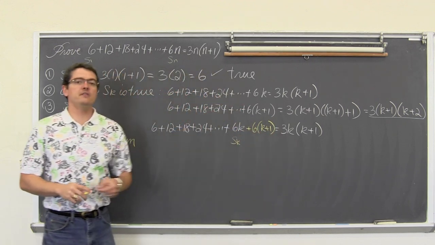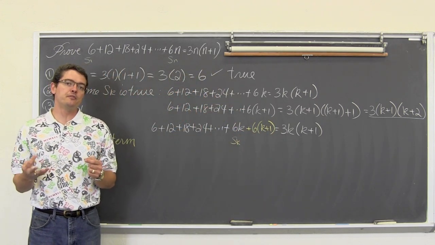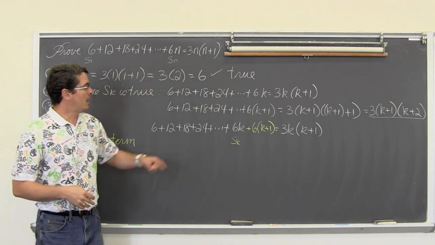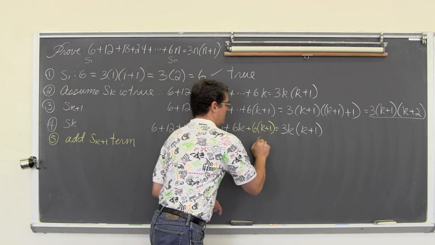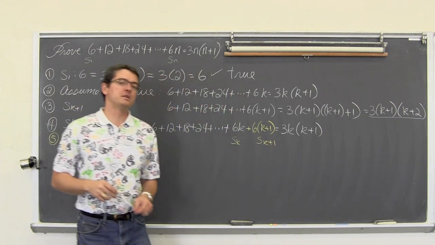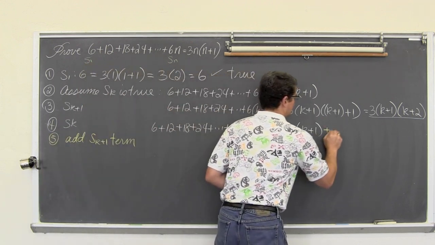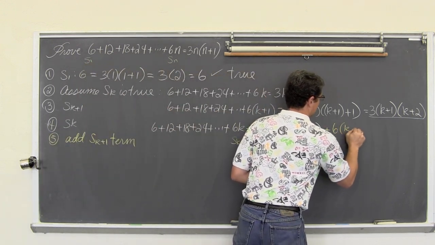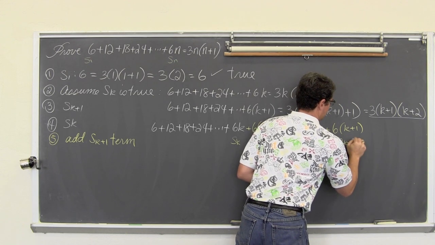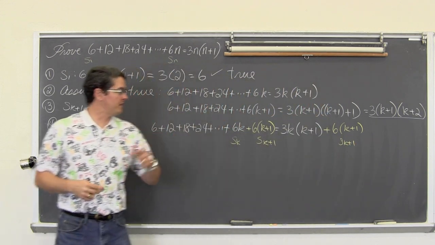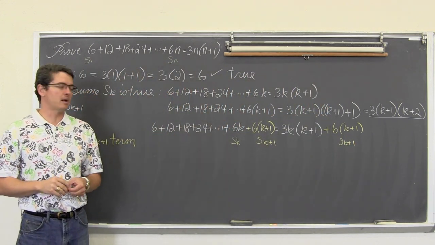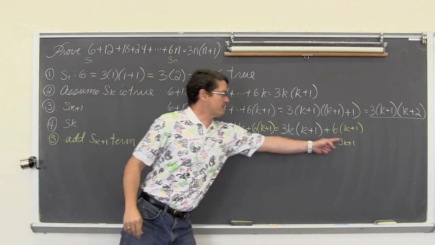And unlike this previous step where I just wanted to see what the end of the proof should look like, I'm going to take this S sub k plus 1 term and add it to both sides of my equation. And highlight it in yellow, hopefully you can see that, to really emphasize what I'm doing. Now I might run out of room, so I'm going to go ahead and erase these.